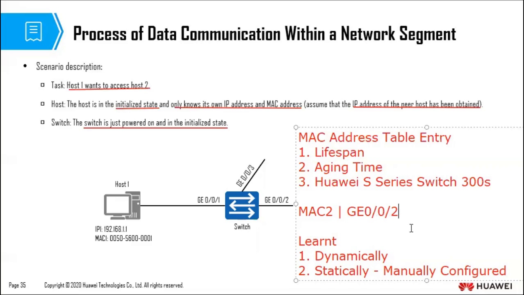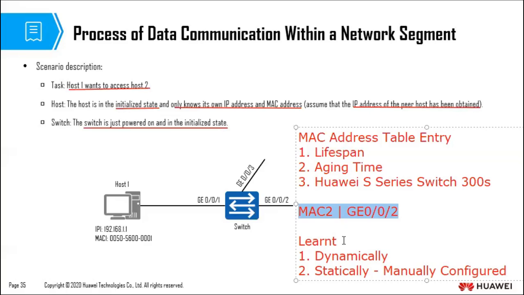So if we don't receive any frame within 300 seconds coming from this source, MAC2, then we delete this entry from the MAC address table. And that is what we call the lifespan of a MAC address table entry, or the aging time. So the aging time is 300 seconds.